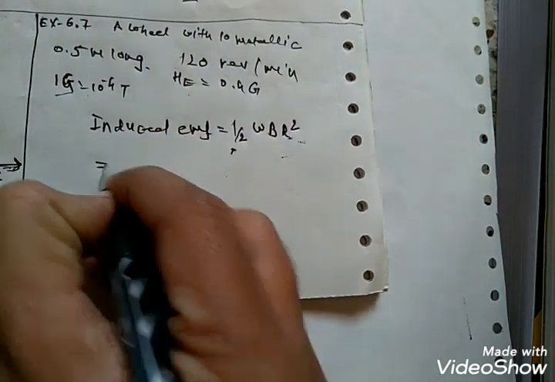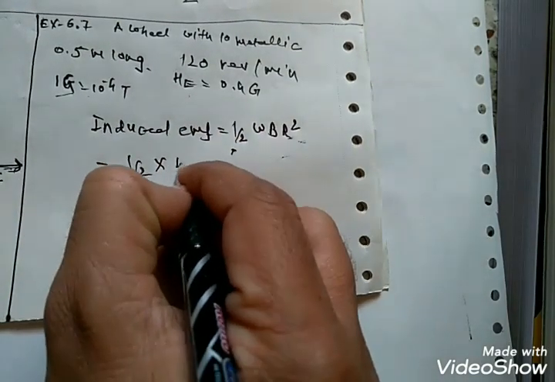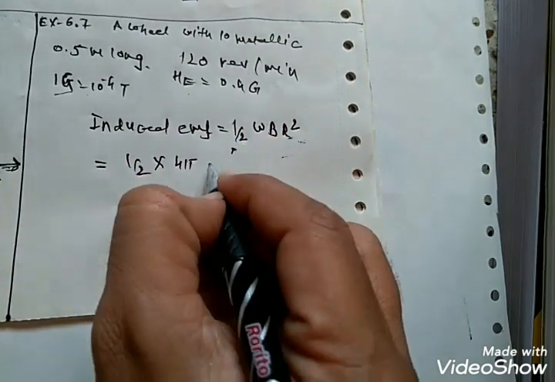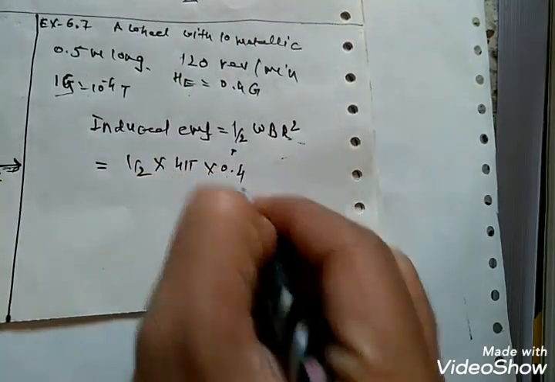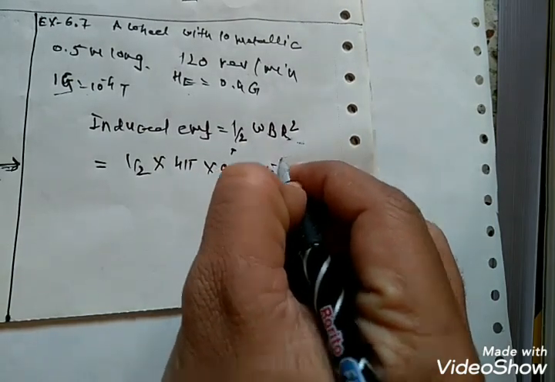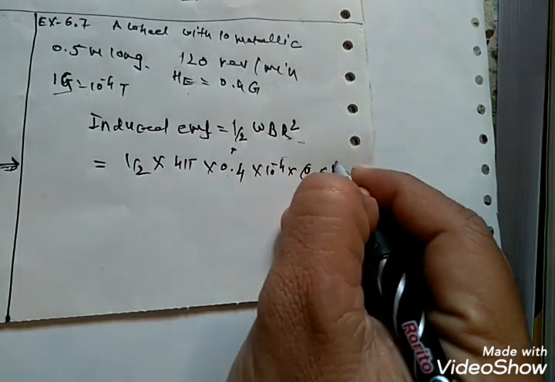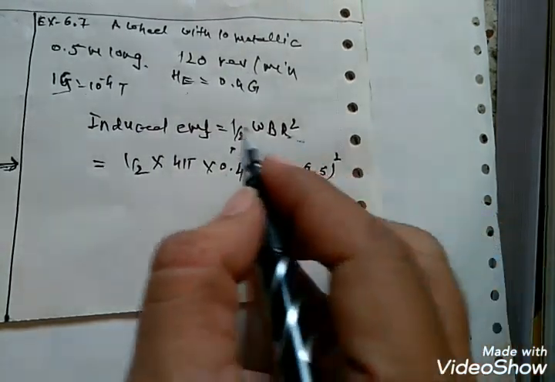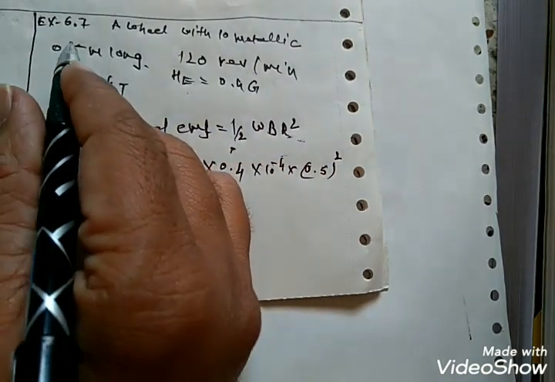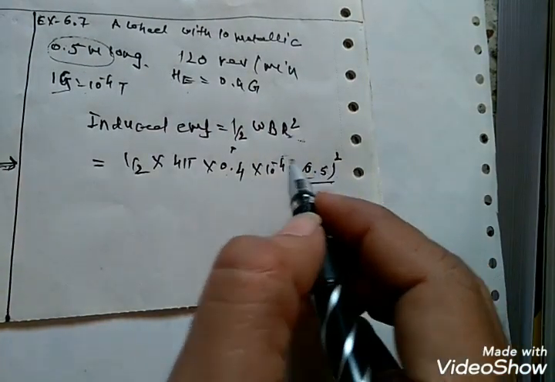So omega B r square is equal to 1 by 2 into 4 pi into 0.4 into 10 raised to minus 4 and into 0.5 square. Here 0.5 is the radius, so 0.5 square.